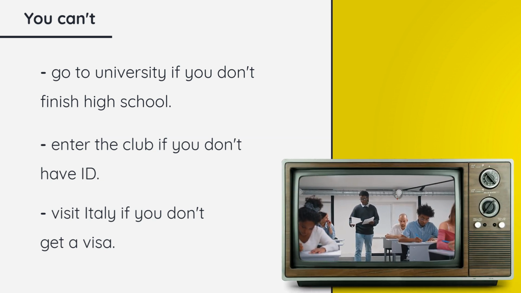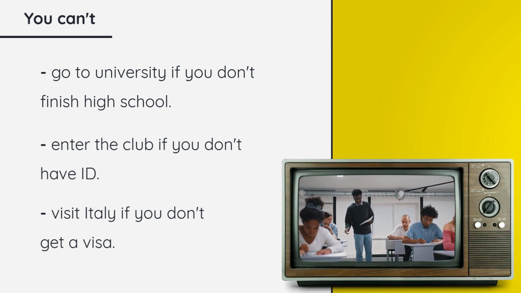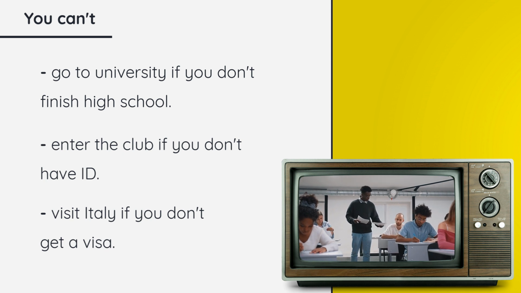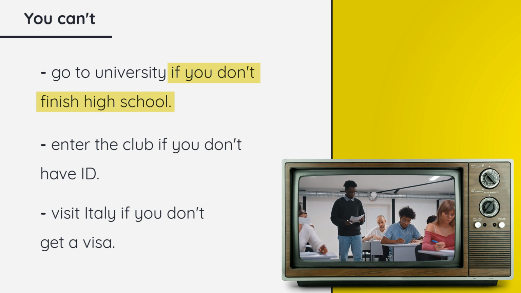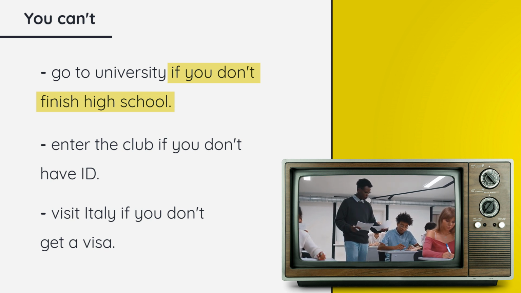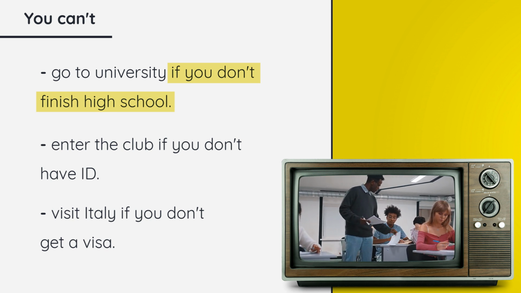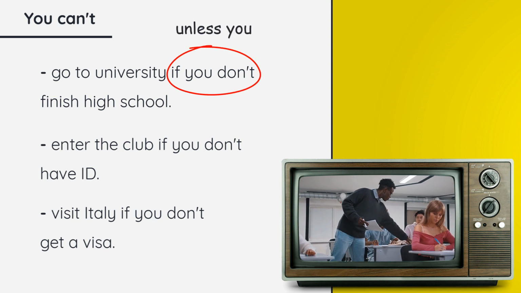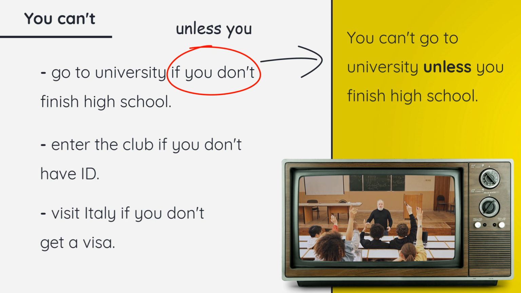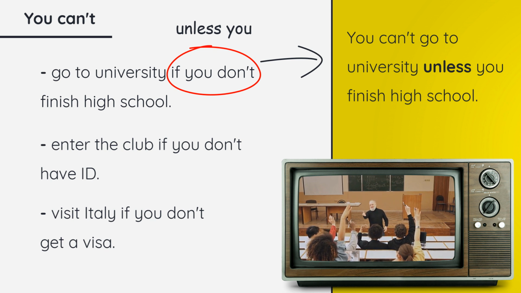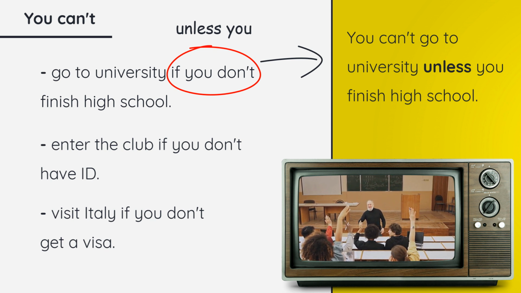Now, for example, let's take the first sentence. You can't go to university if you don't finish high school. So the negative condition here is if you don't finish high school, right? So instead of saying if you don't, you could say you can't go to university unless you finish high school.